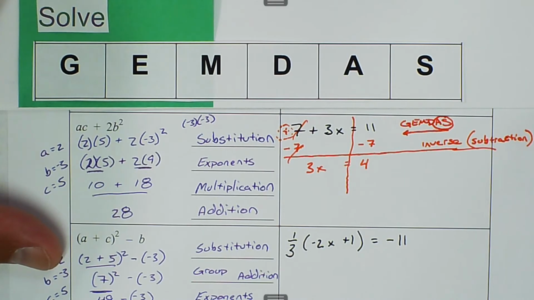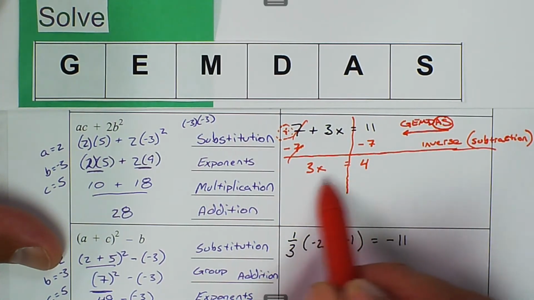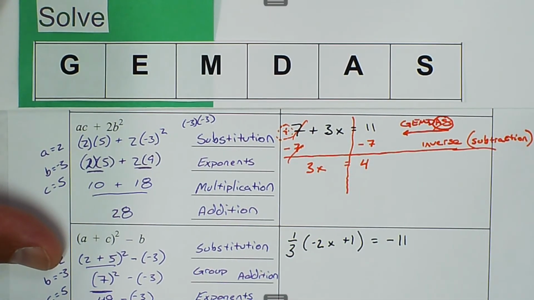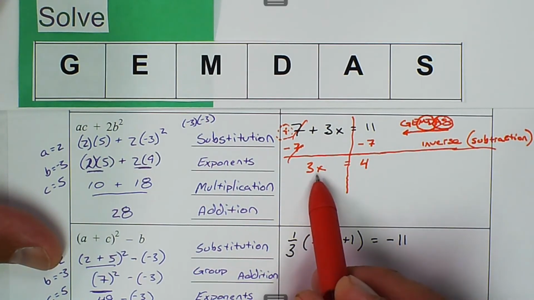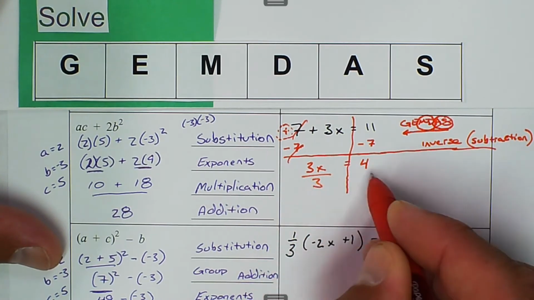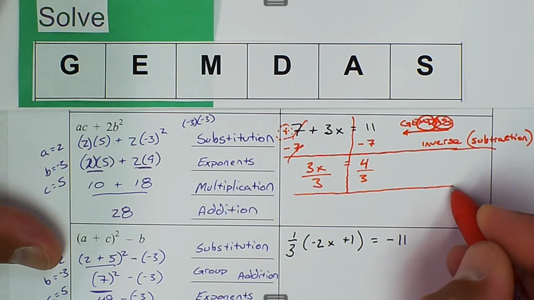And now go back to GEMDAS. Do we have any more addition and subtraction? We don't, so we can get rid of that. Then we can look for multiplication and division. We do have multiplication here, and to get rid of multiplication, we have to do the inverse operation, which in this case was division again.